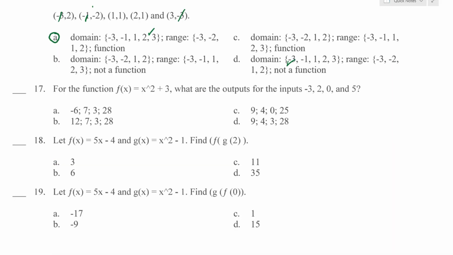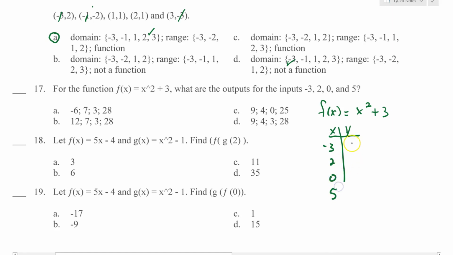For a function f of x equals x squared plus 3, you're going to find the outputs for negative 3, 2, and 0, and 5. So we have negative 3 squared plus 3.